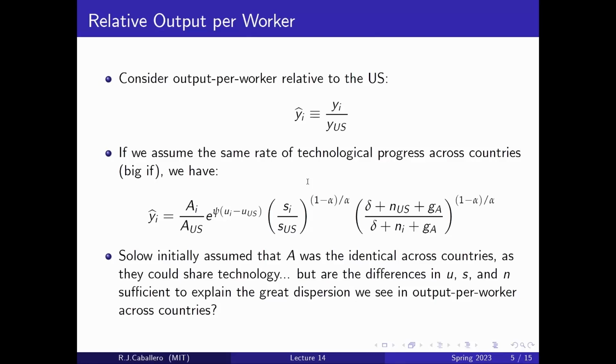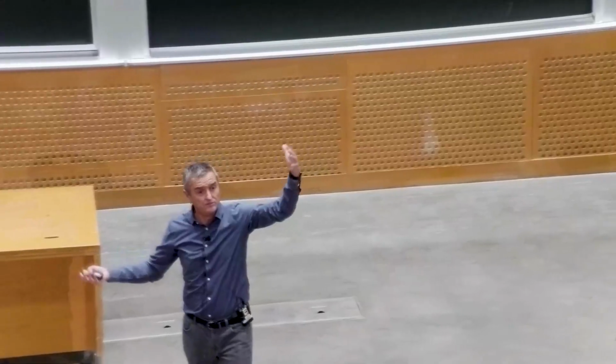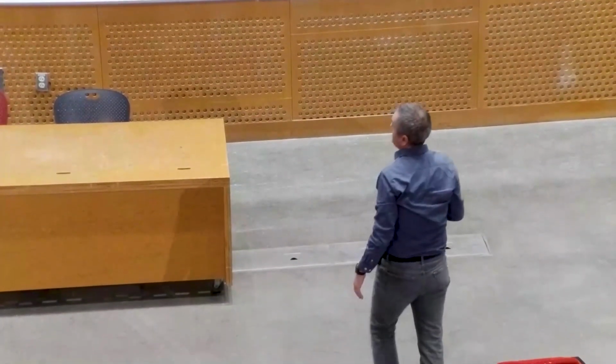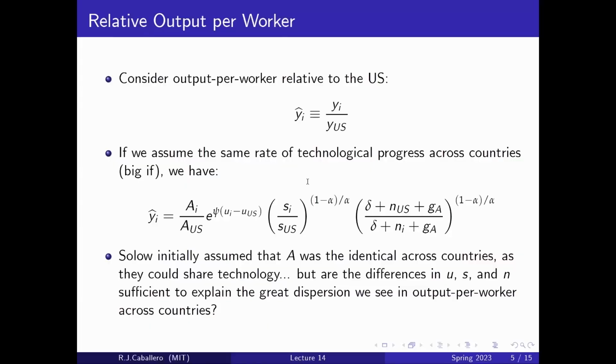And so that means that countries that have a higher saving rate will tend to have, we know that in balanced growth, higher output per capita. So if Singapore has a higher saving rate than the US, that will tend to give Singapore a higher income per capita. If a country has higher population growth, then it will tend to have a lower income per capita, and so on and so forth.